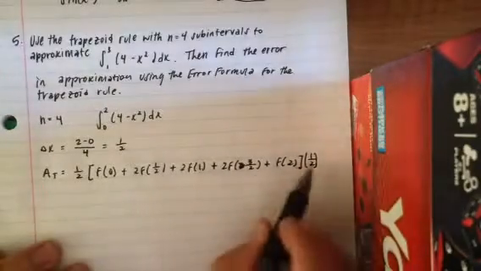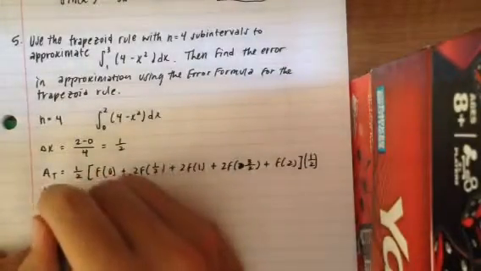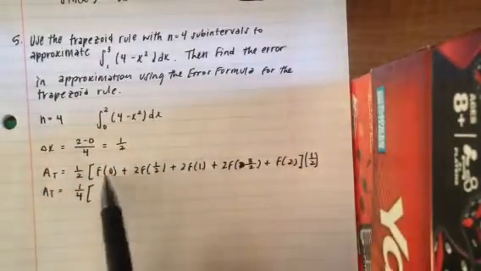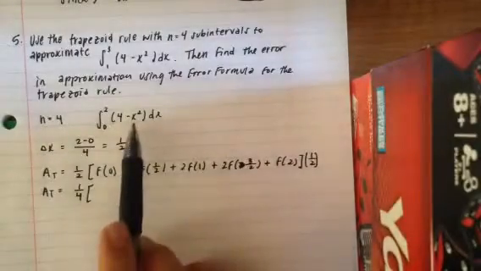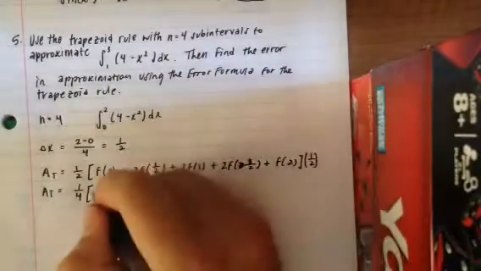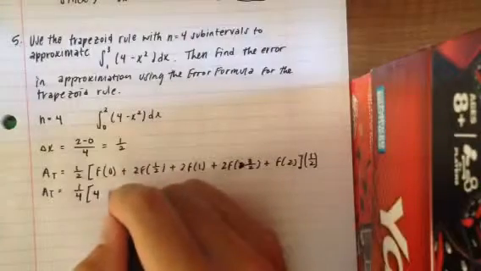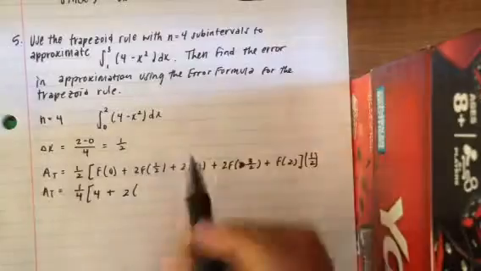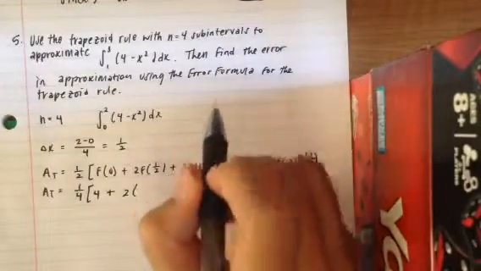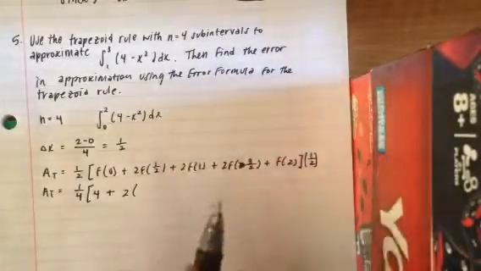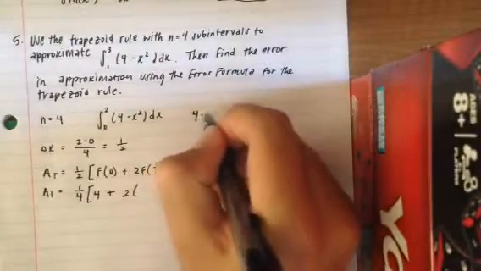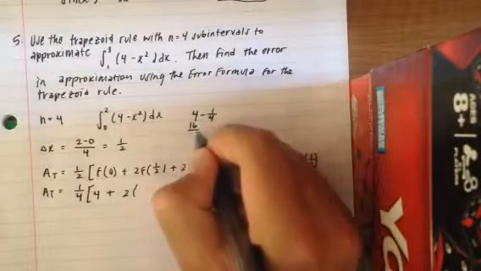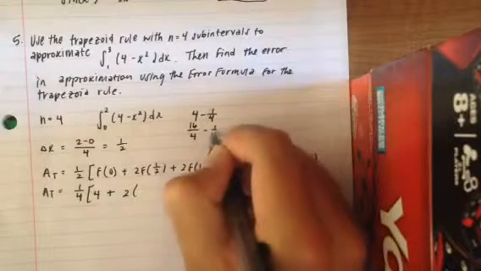Now I'm going to bring this up here, so A T would equal 1/4, and you multiply that by delta x again. Plugging in 0 into f of x would simply get us a 4, and then plus, I'm going to leave the 2, and then plugging in a 1/2 would be a 4 minus a 1/4. So 4 minus a 1/4, and this is 16/4 minus a 1/4.